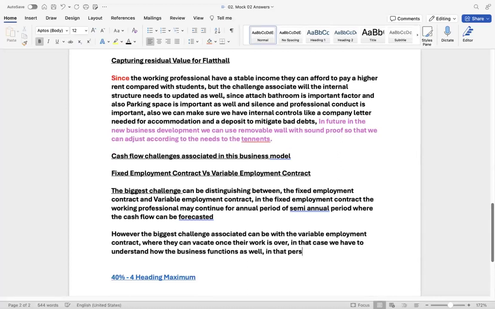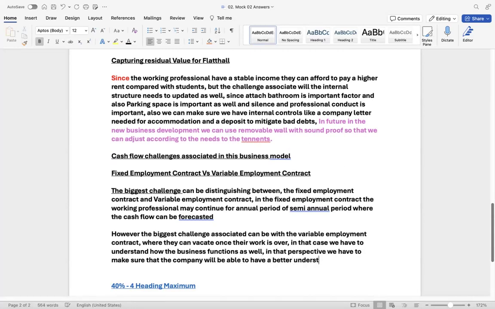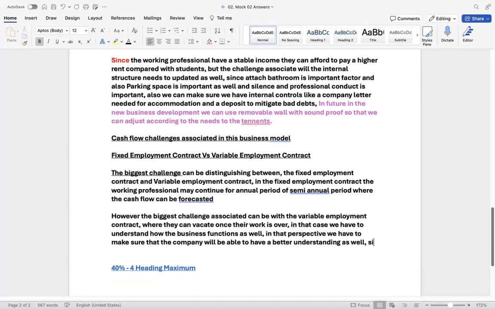In that perspective, we have to make sure that the company will be able to have a better understanding as well. Are you understanding that? Since we have to prevent bad debts, and also we can have deposits as well. Full stop.